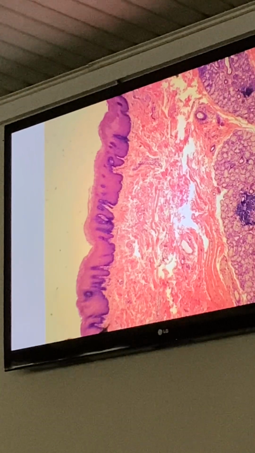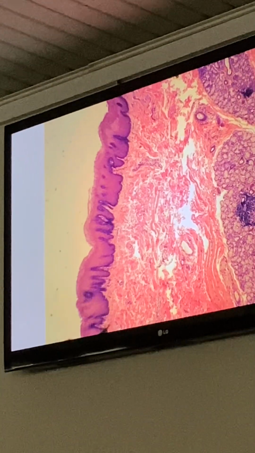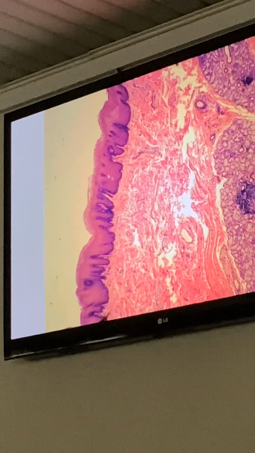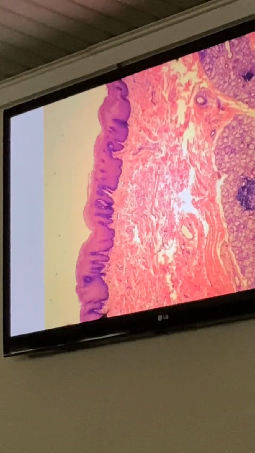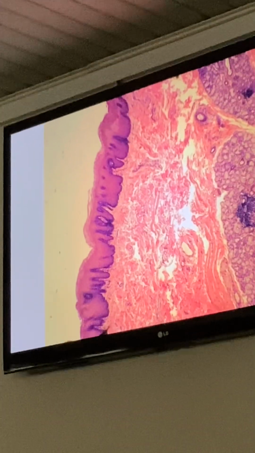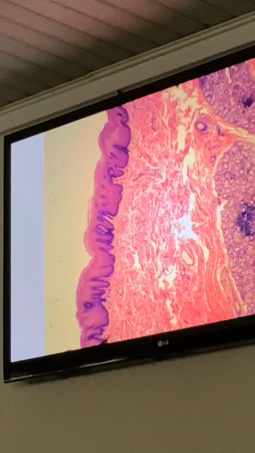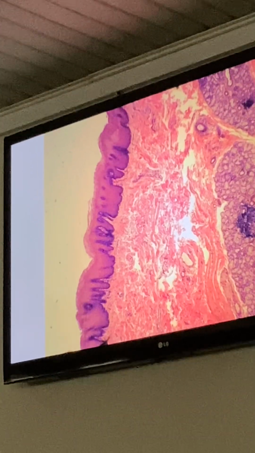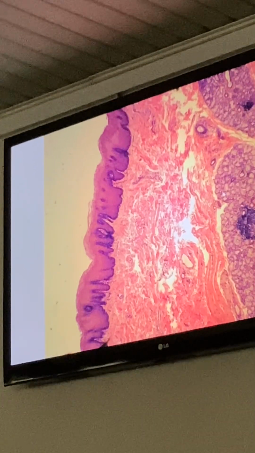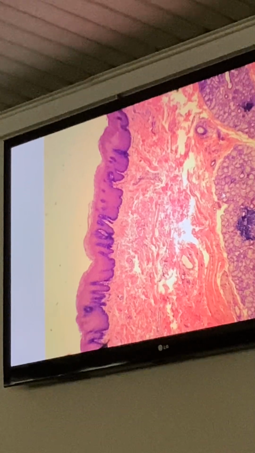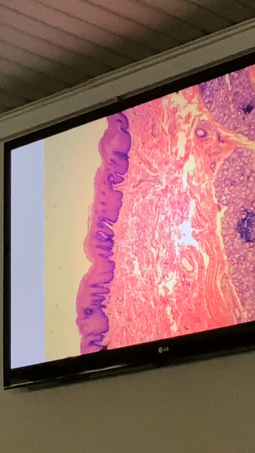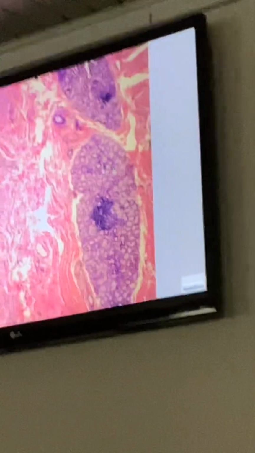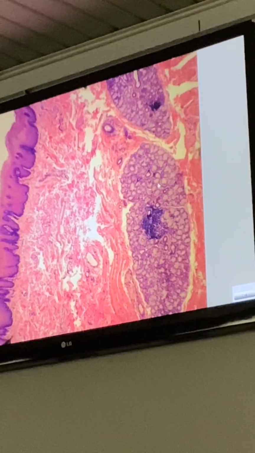This is the inner surface of the lip. Mucosa, stratified squamous epithelium, non-keratinized. This is the lamina propria. It consists of loose connective tissue with many minor salivary glands called labial glands. This is the labial gland.